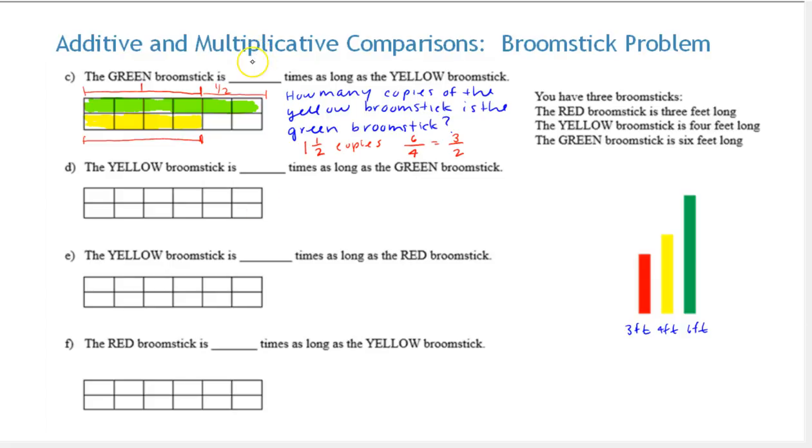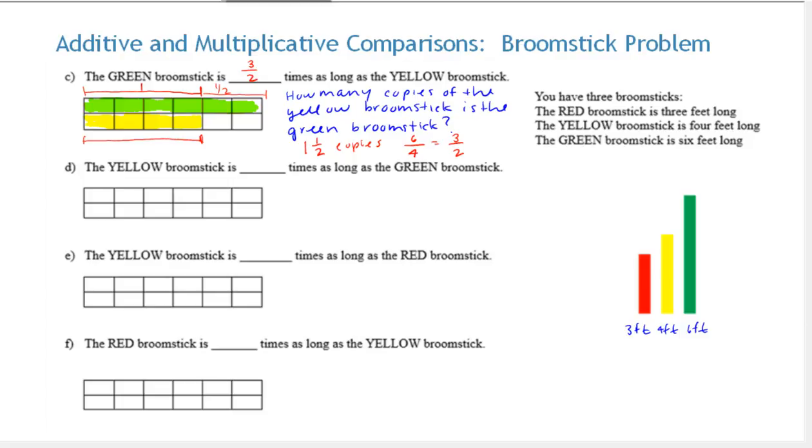So in a lot of these examples, we'll prefer the ratio fraction form to the mixed number form. And notice it's a lot easier to find this value. We just took the length of the green broomstick and divided by the length of the yellow broomstick. Okay. Let's look at the next one.